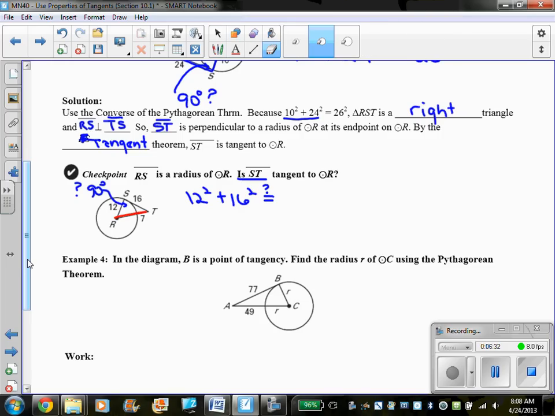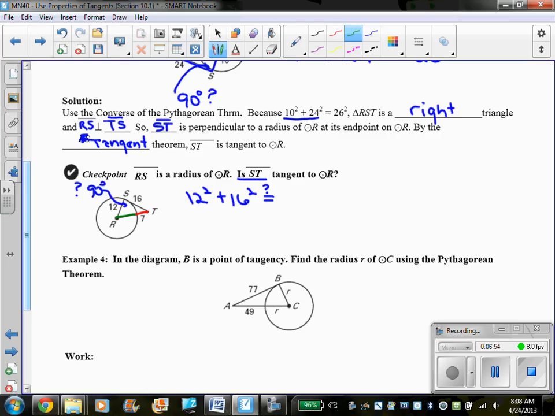Right now, it's showing a length of 7. But just be cautious, because what that 7 is referring to is the point on the circle out to point T. That's 7 right there.